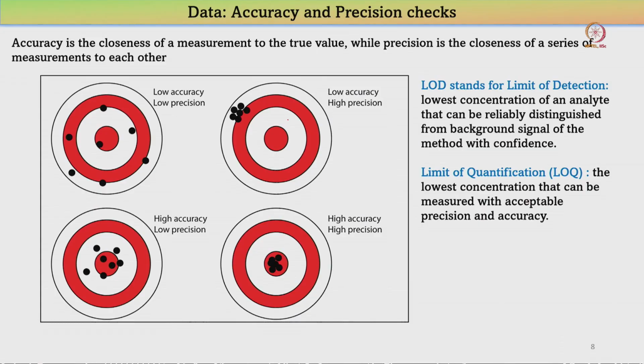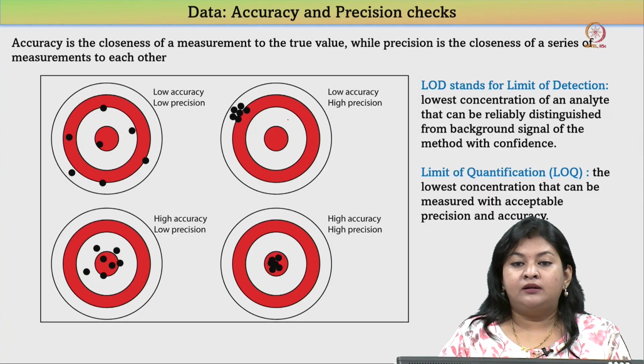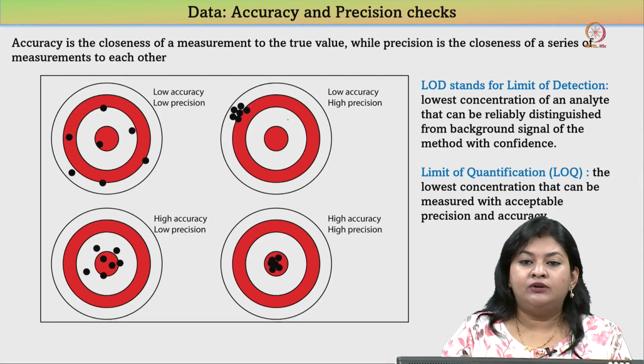Another extremely important factor that one has to keep in mind is the accuracy and precision check. What is accuracy? Accuracy is the closeness of a particular measurement to the true value. When we are measuring unknown samples, we have to measure a particular CRM.